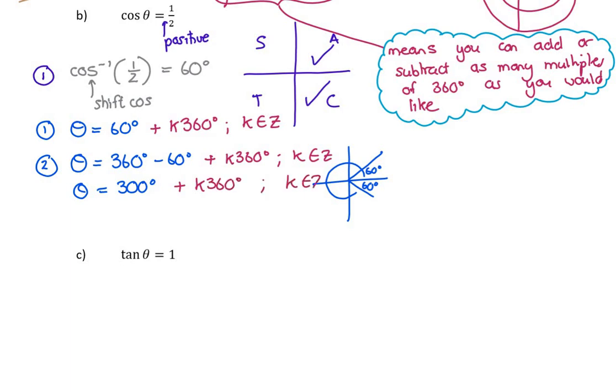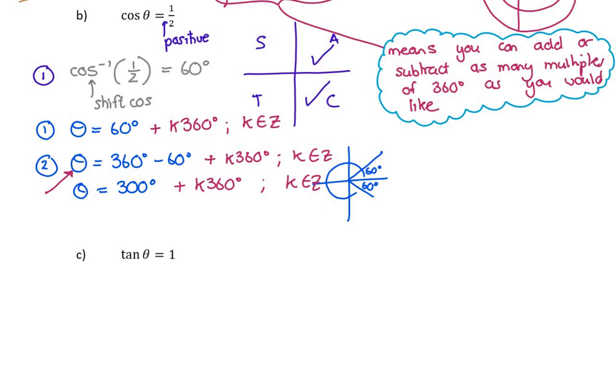So once you start getting really good at this, you start leaving out this line and just doing the 360 minus 60 on your calculator. We are going to come across examples that get a bit tricky, and therefore we need to write down the first line. But in these easy ones, we can go straight to that answer of 300 plus 360. So that kind of makes sense. You can always check on your calculator. Go check cos of 300 degrees and check that it's a half.